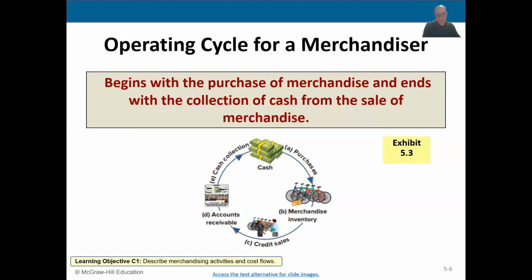Number one, cash. The company uses cash to purchase inventory, merchandise. Or sometimes they purchase it on accounts payable, right? They'll pay it later.